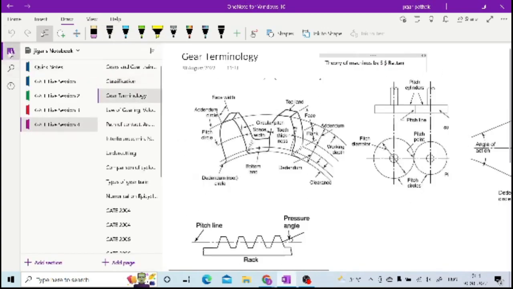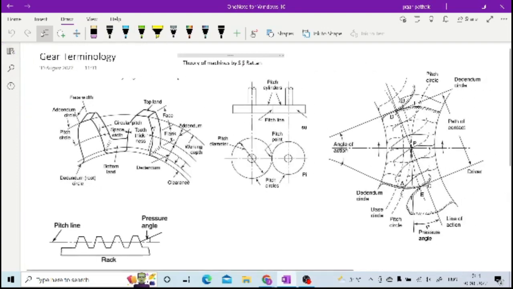Once you know about various types of gears, then gear terminology is also important. I will not spend much time on this because these are very basic terms you must already know. Pitch circle is the imaginary circle which we assume that at every time the pitch circles of both the gears are in contact with each other.